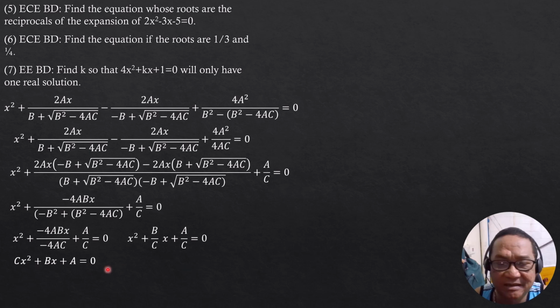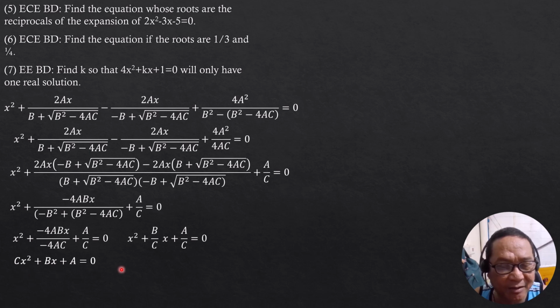So notice the new equation after we obtain the reciprocals of the roots. The idea therefore is, from the original quadratic equation, we just interchange the coefficient of the second degree term and the constant. So remember, the original quadratic equation is ax squared plus bx plus c equals 0.